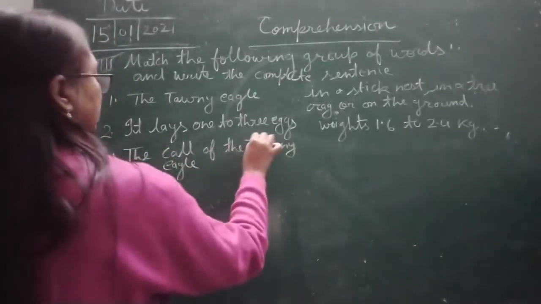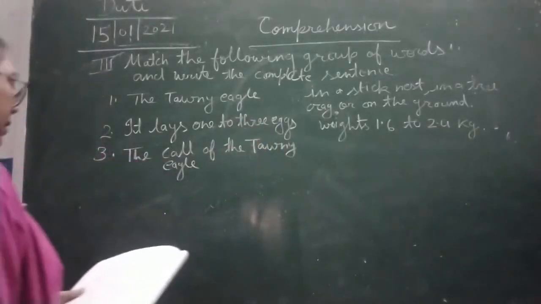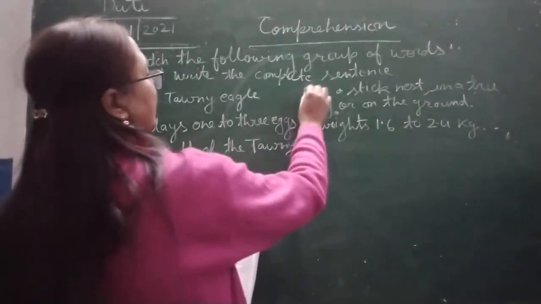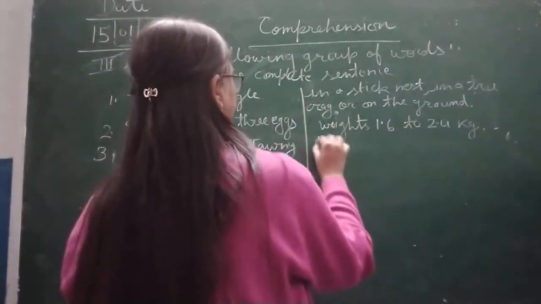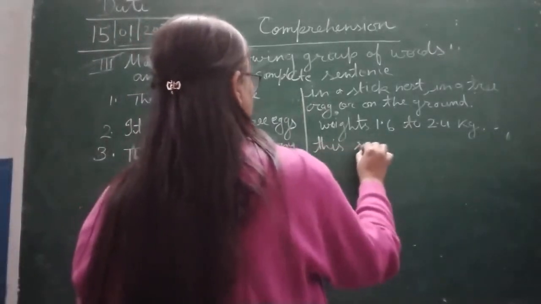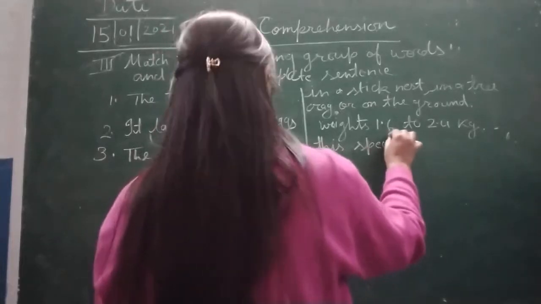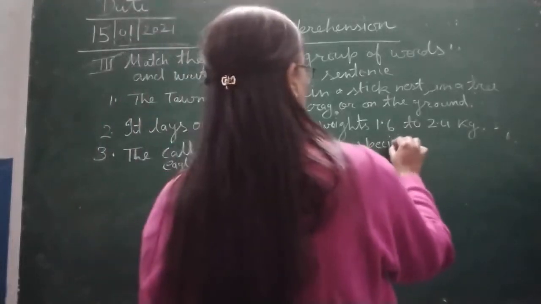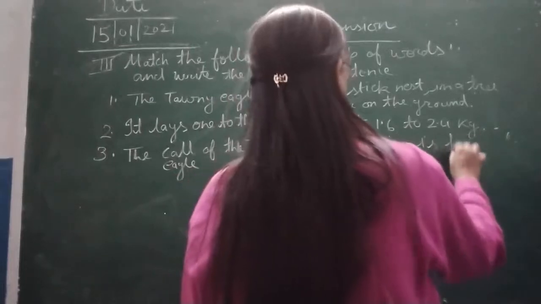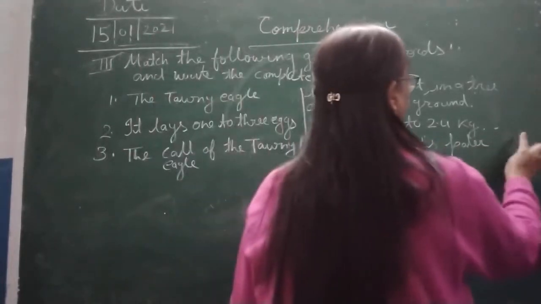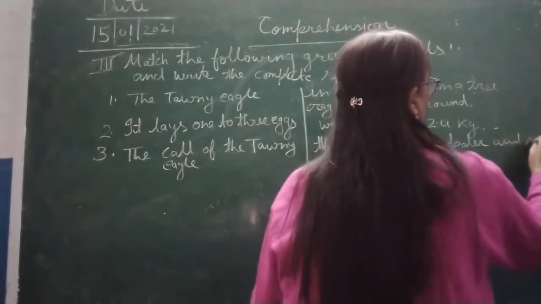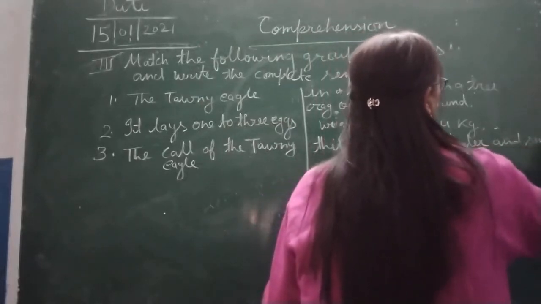Because it is the tawny eagle. Now the next line you can find: this species is paler and smaller.